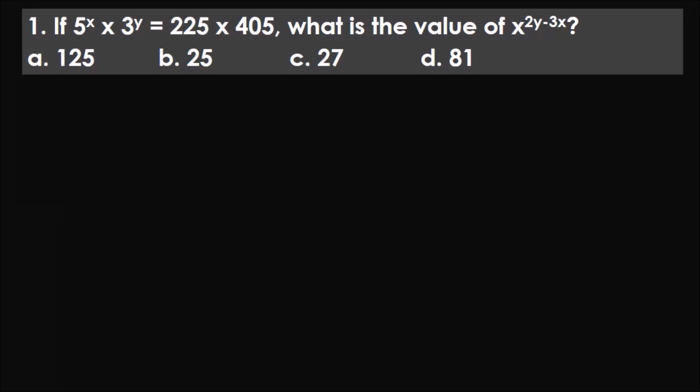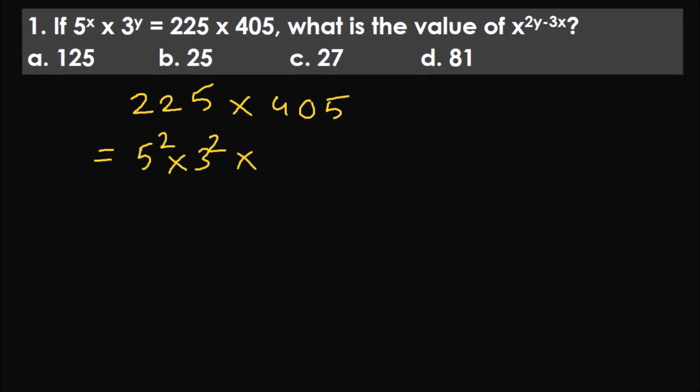Otherwise, just carry on. So the question says 5 power x into 3 power y equals 225 into 405. And what is the value of the expression? Okay, cool. Obviously, all we need to do here is convert 225 and 405 into prime factors of 5 and 3. So let's do that. 225 is nothing but 5 square into 3 square.